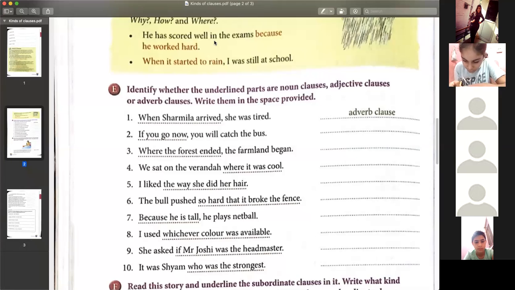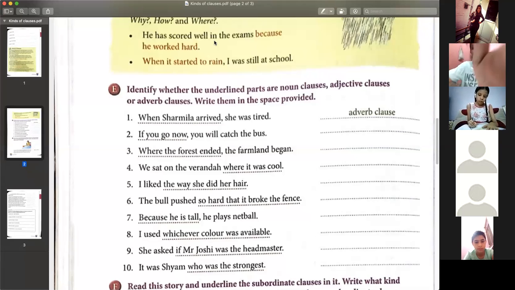So hard that it broke the fence. Yes, Priyanshi, you may answer.